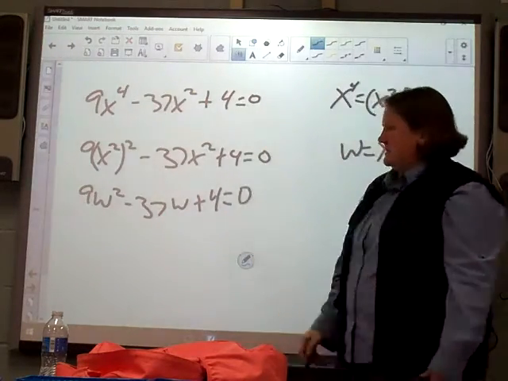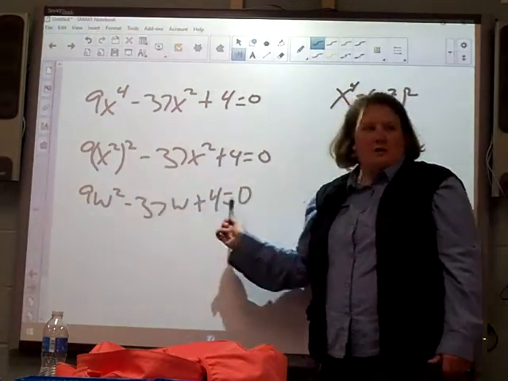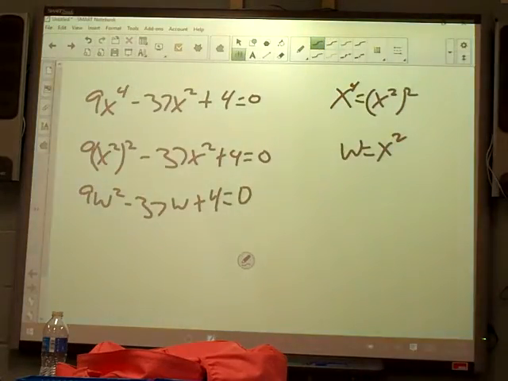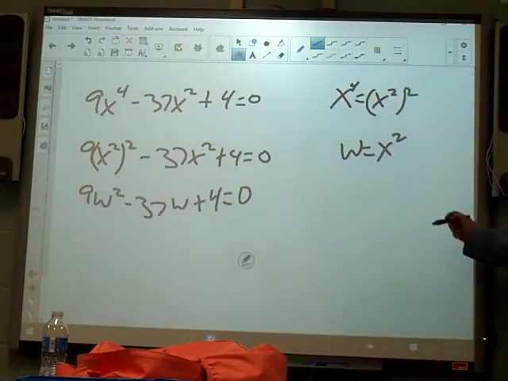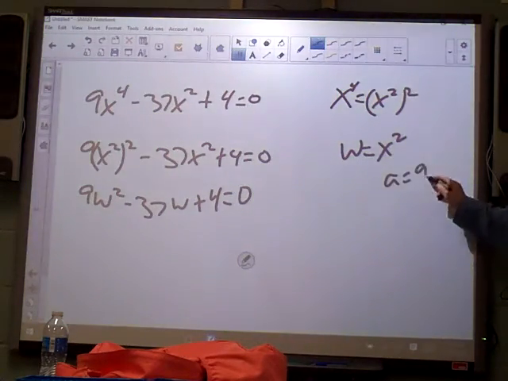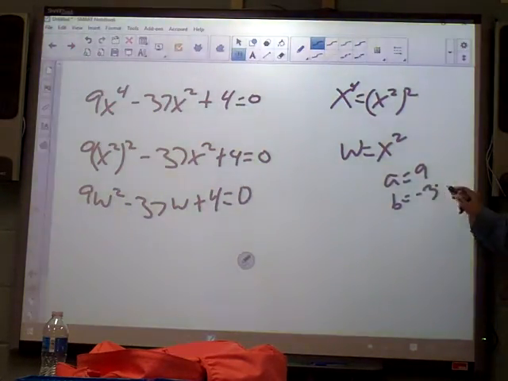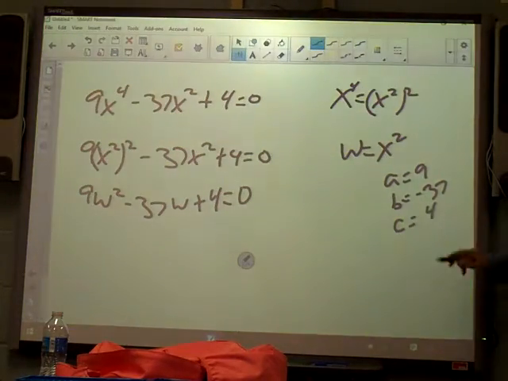So what that does now is it lets you work it using the quadratic formula. Then when we get our answers in a minute, we'll have to go back and make a little bit of a modification. But our A here is 9. Our B is negative 37. And our C is 4.